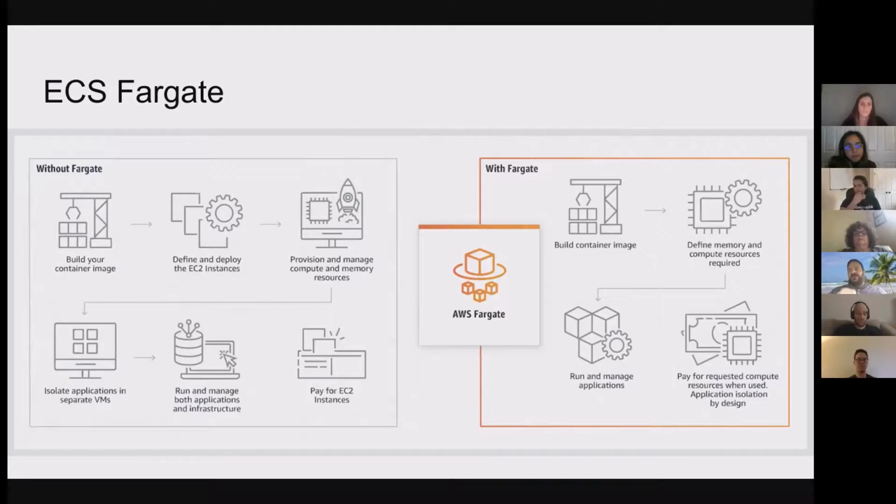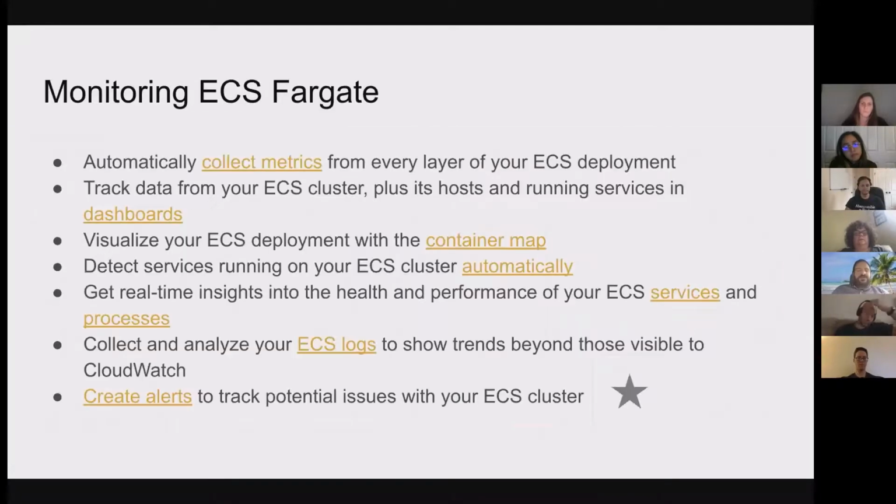With Fargate, you build your container, you define your memory and CPU, and you basically press go, and it spins up tasks that live within services, and you're good to go. It's serverless in a way because you don't see those EC2 hosts in your account, but they're there. They're just in Amazon's world.